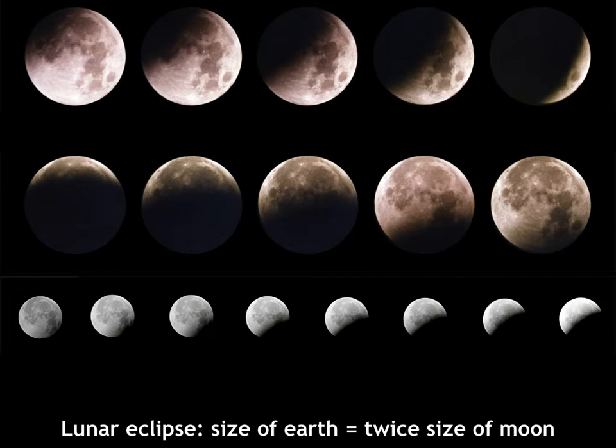It's a little bit less clear cut than in the solar eclipse case, but you can see in these pictures that the shadow that is coming in and covering the moon appears to be more or less twice the size of the moon itself. The dark area appears to be that of a circle twice as big as the moon, more or less.